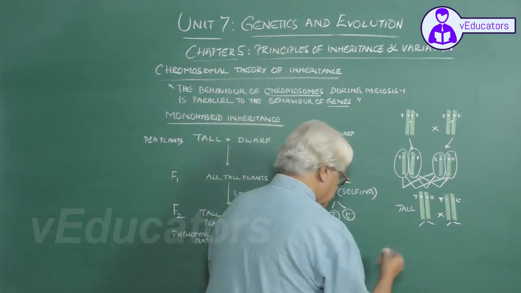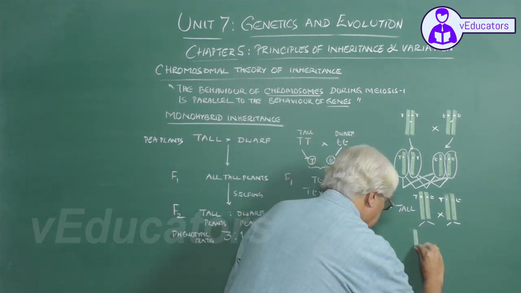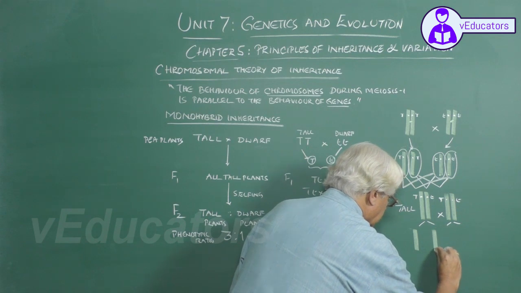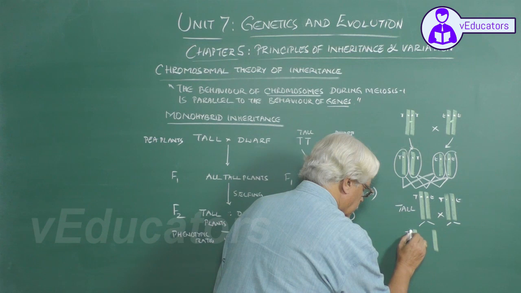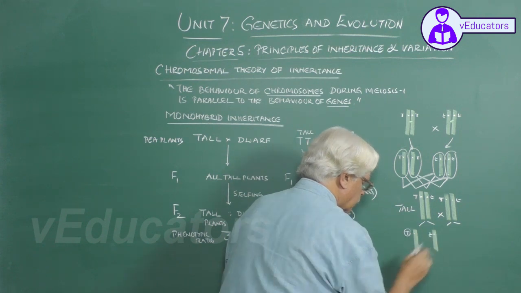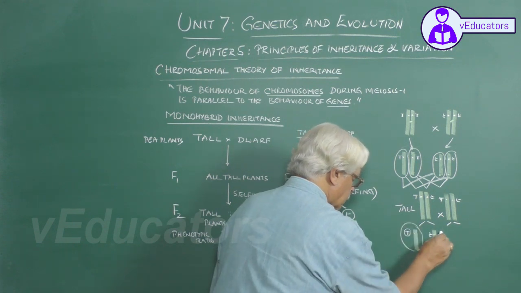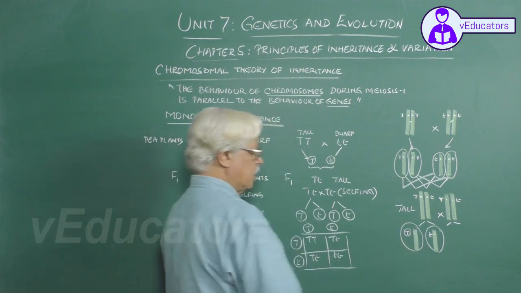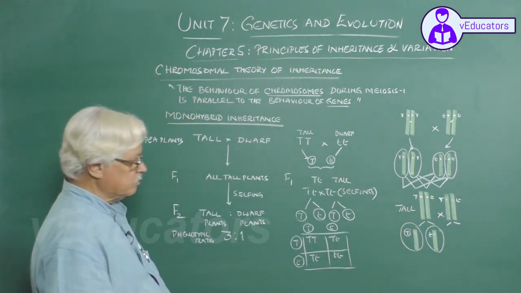So you will have two types of gametes, capital T, small t.